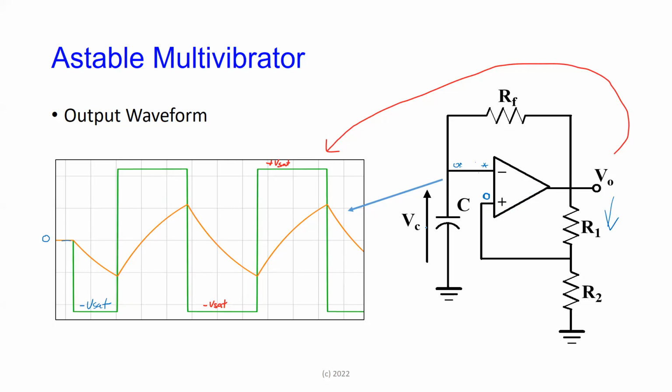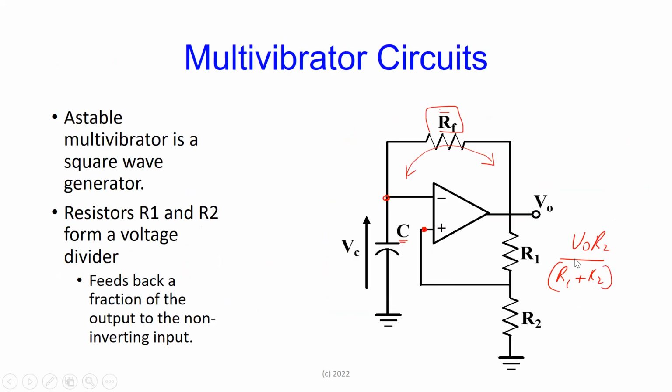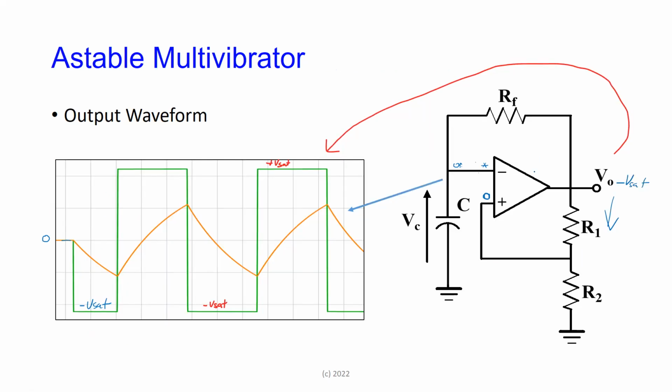Right? So now the stable starts to work. Once here is at minus V sat, then this point is a fraction of that according to this. So V out is minus V sat, so some fraction of minus V sat appears here. And we'll see what to call that in a little while.